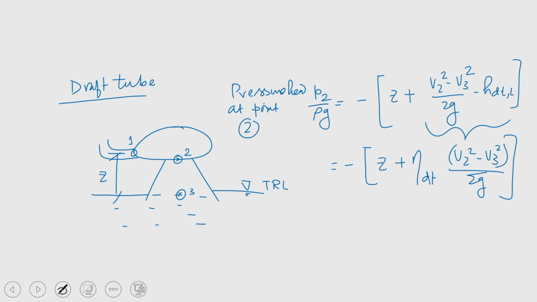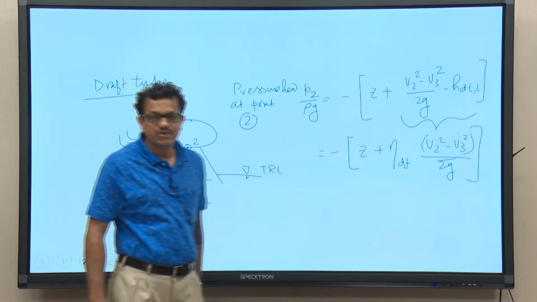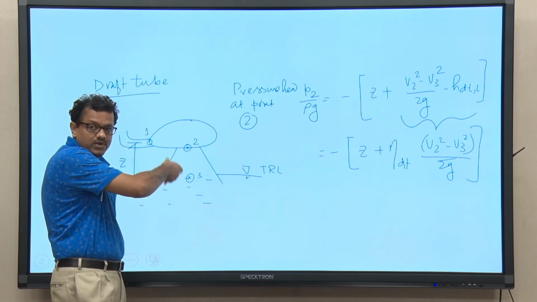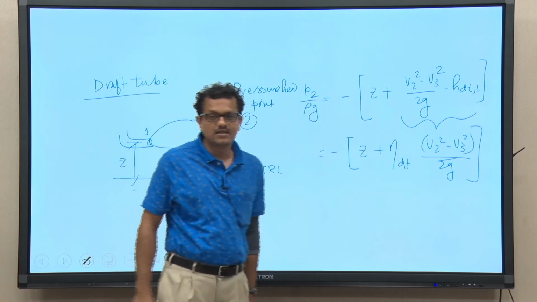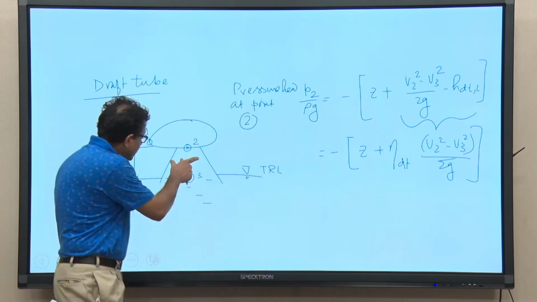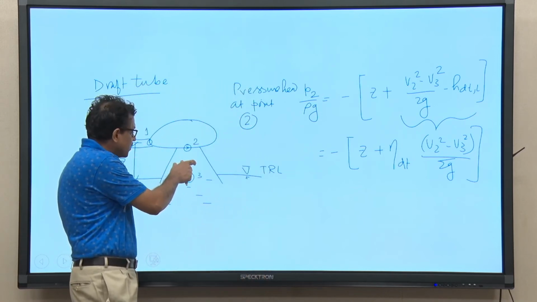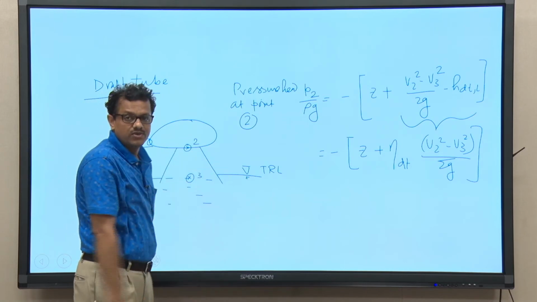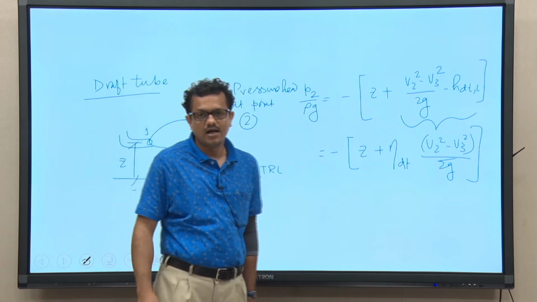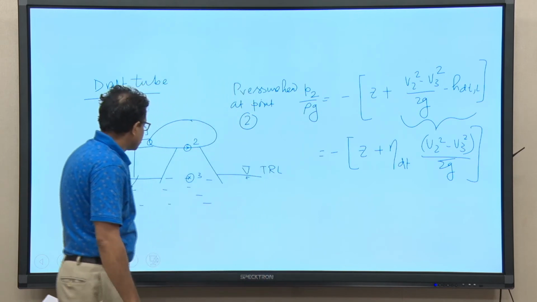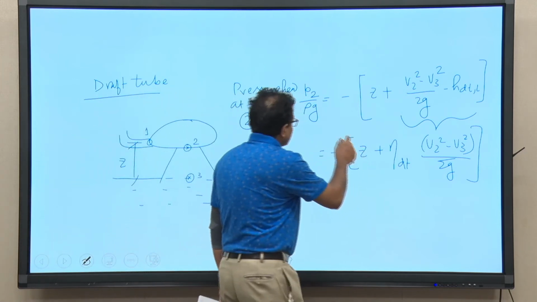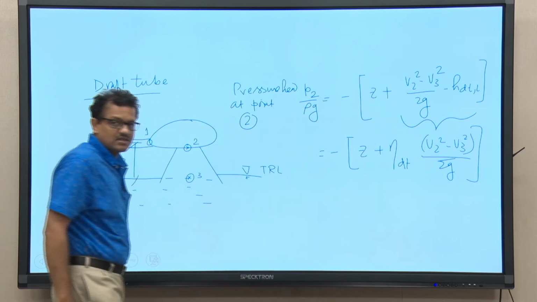In addition to that, since this draft tube is an important and essential component of the turbine unit, the entire unit can be operated with a relatively higher efficiency, provided this component is there. Had this component not been there, it would not have been possible to operate this unit with such a high efficiency.